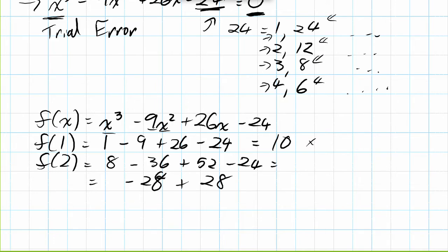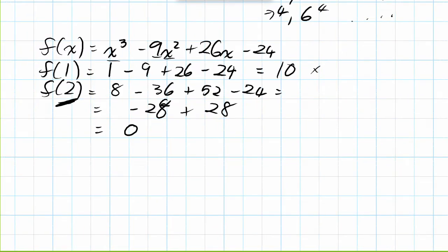You can double check that for me. But negative 28 plus 28 gives us 0, which would mean 2 is one of our factors, okay? You double check, make sure I did that correctly, but I believe 2 is going to be one of our factors. So what we can do now is set up some long division.